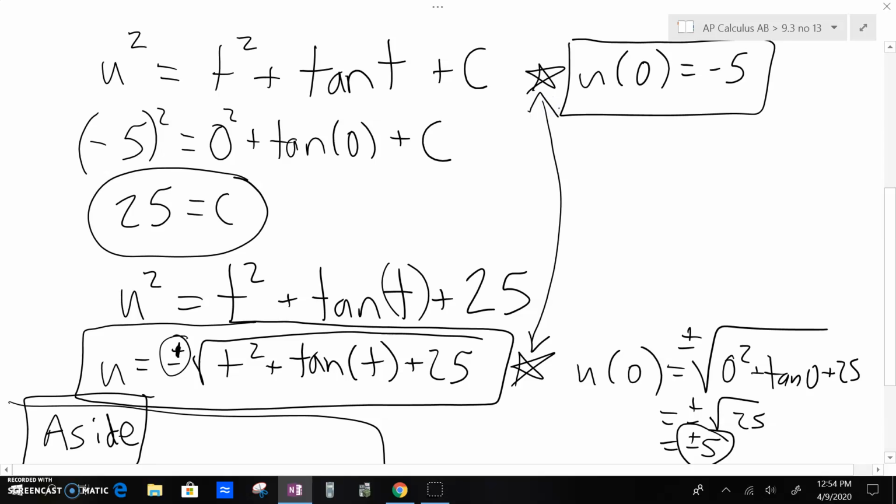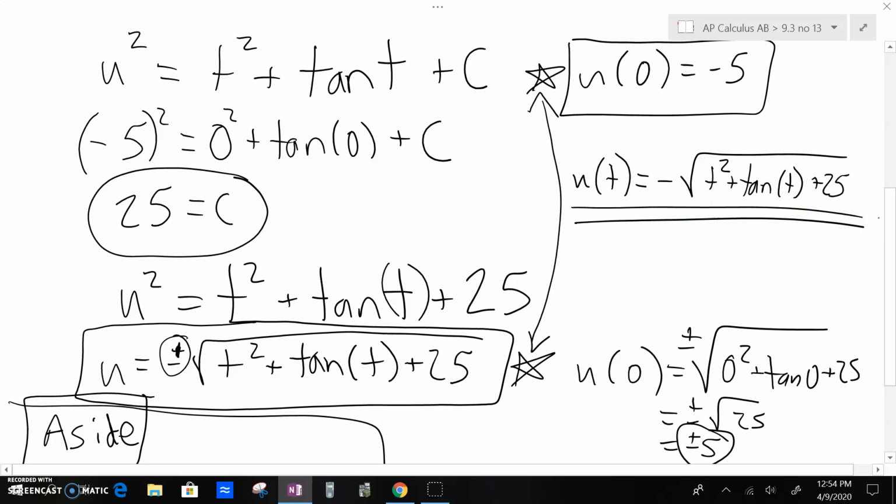The top half or the bottom half. Based on the initial condition, it's saying you're actually using the bottom half. So you're using the negative square root of this. And that's really it. There's not any more magic to it other than just saying we want a functional answer. To get a functional answer, you need to choose. And the way you choose is by using the initial condition.